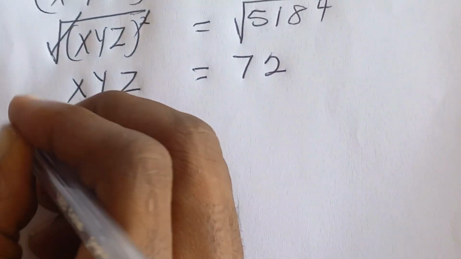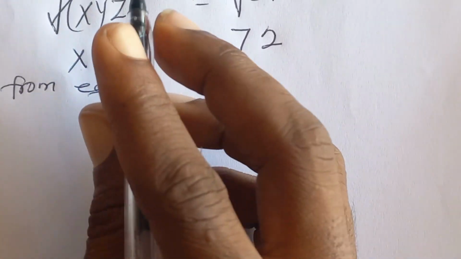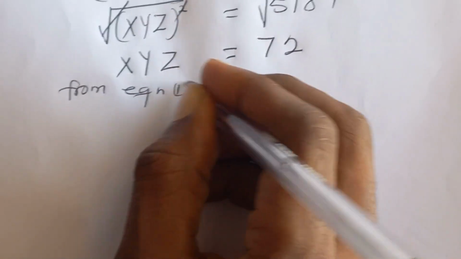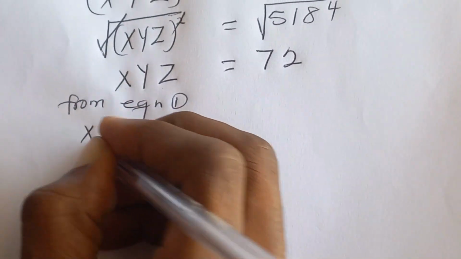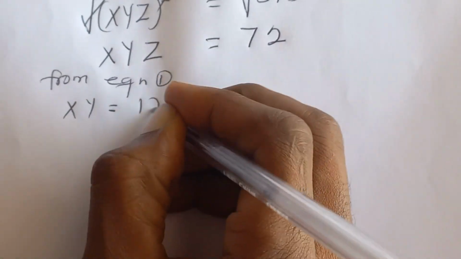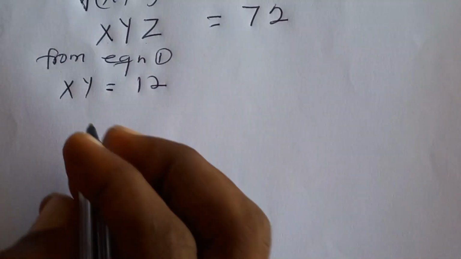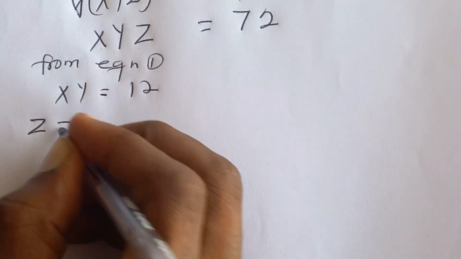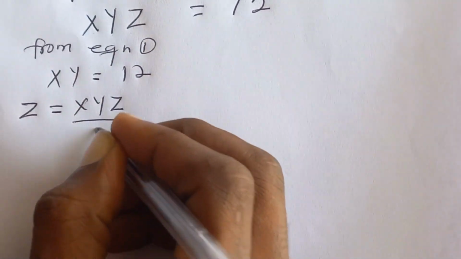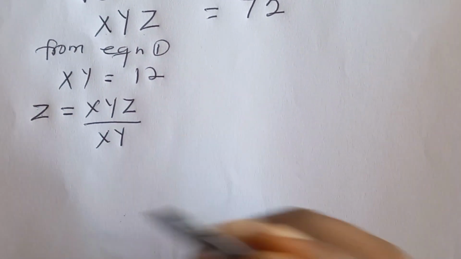So from equation 1, we have xy is equal to 12. So our z is going to be xyz over xy, because when this cancels, z is z.